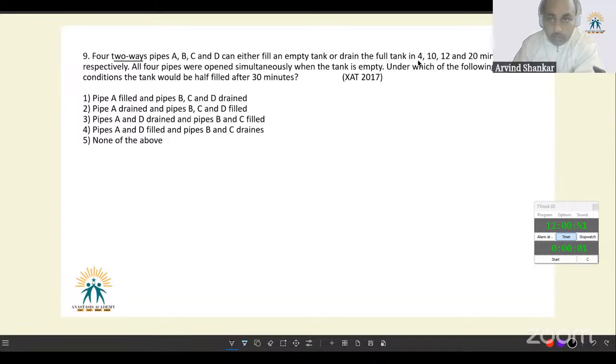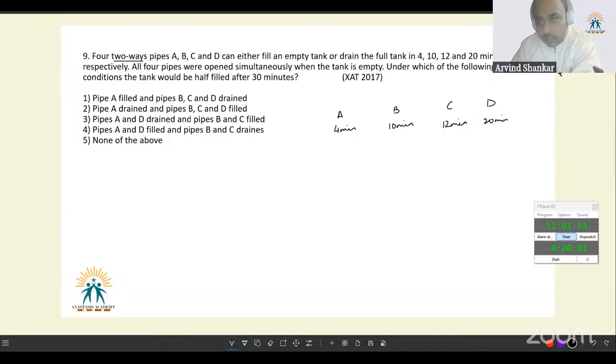Now let's see: A can fill it up in 4 minutes, B can fill it up in 10 minutes, or they can do either thing in this much time. C can do it in 12 minutes, and D can do it in 20 minutes. In either case, what works best is taking their LCM.